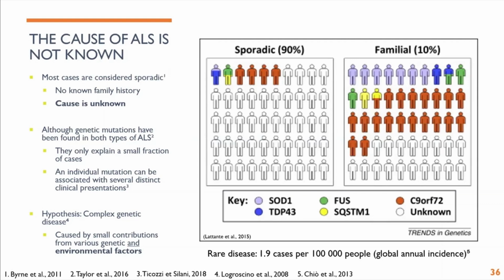So the hypothesis that the literature is coming to at the moment is maybe it's a complex genetic condition where there's small contributions, not just from genetics, but also environmental factors that could be explaining the cause of this disease and its heterogeneity.